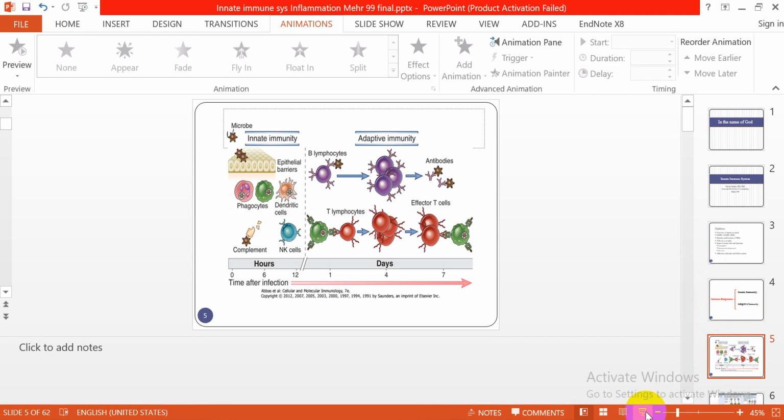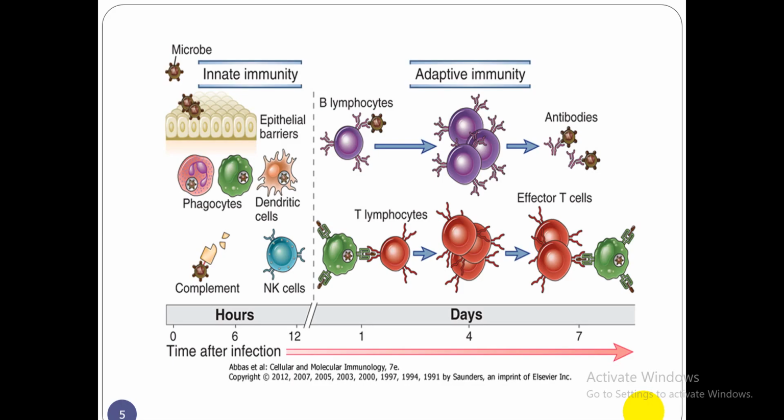And as you know, when a microbe enters the body, the components of innate immunity become activated at earlier stages. These components involve epithelial barriers, phagocytes, dendritic cells, natural killer cells, and some soluble proteins like complement.